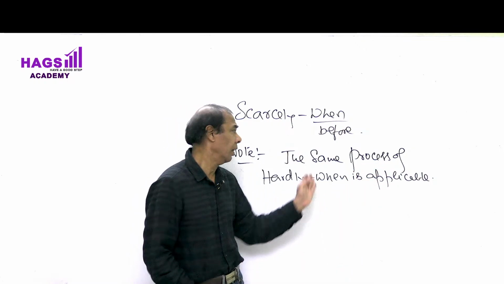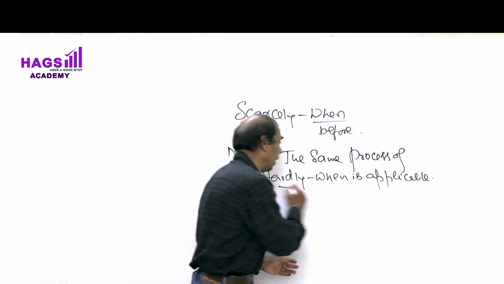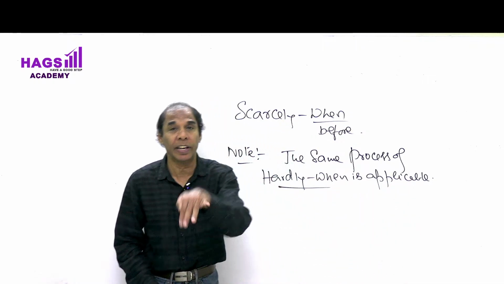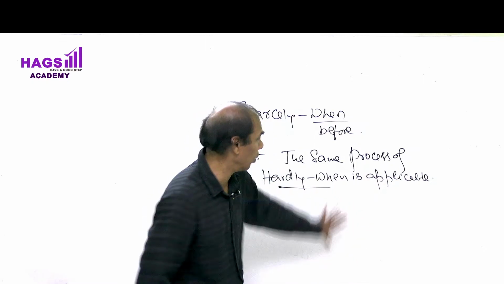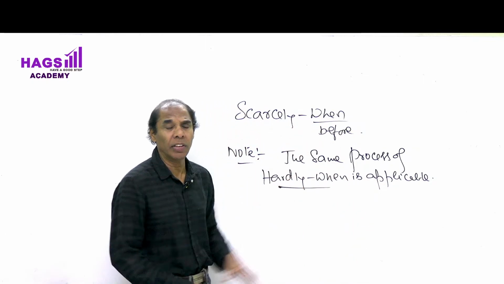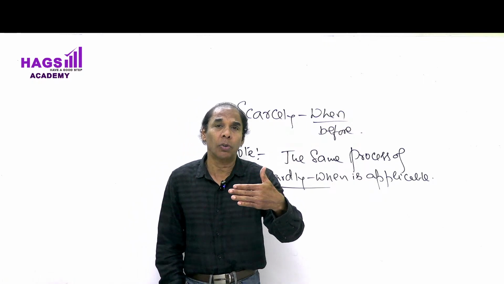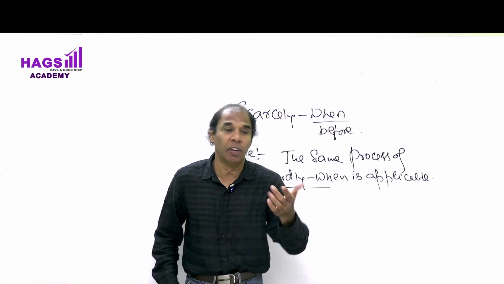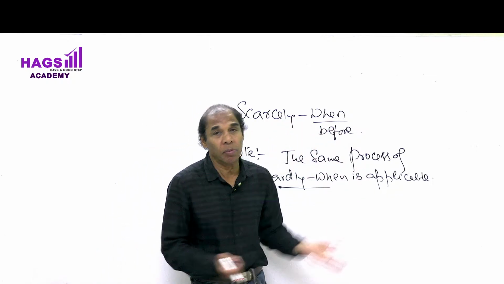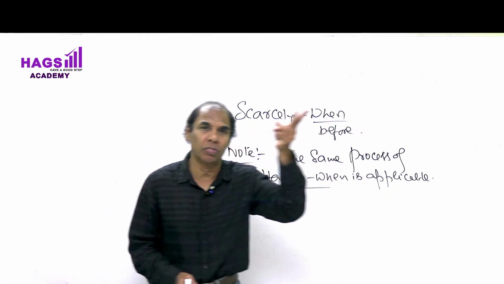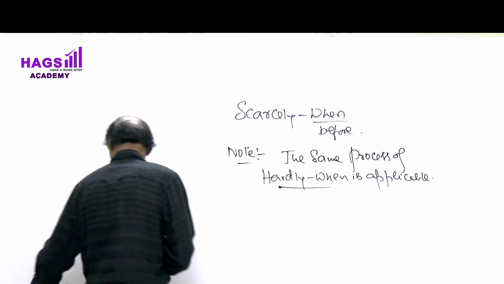Both are the same. The same process of hardly when is applicable, or we can say the same rules of hardly when are applicable. Both are correct, right? See, if we know how to make the sentence with hardly when, we can easily make the sentence with scarcely when, by, before also, because it is the same process. See, look at the board.